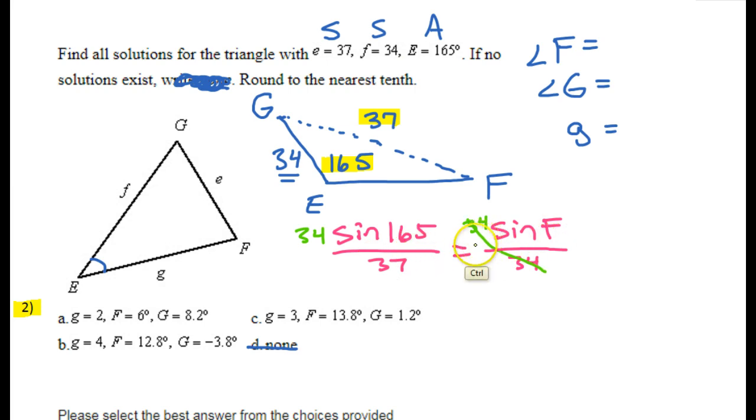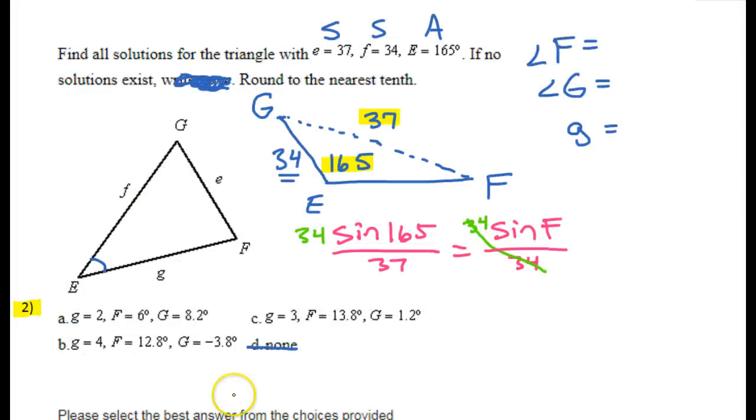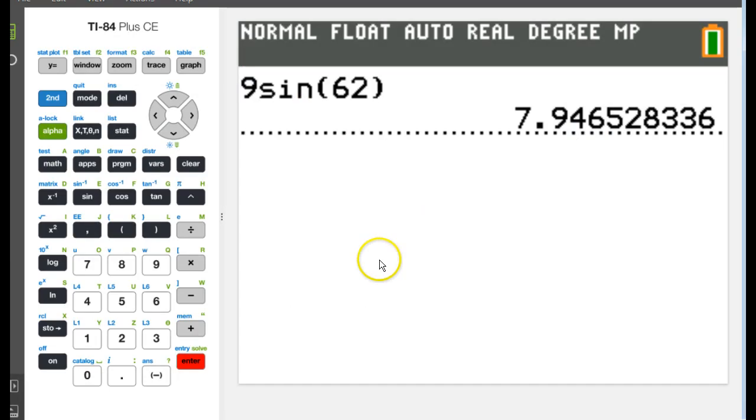So I could put this in my calculator. We're going to round to the nearest tenth. Let's put this in the calculator right now. So we have 34 sine 165.